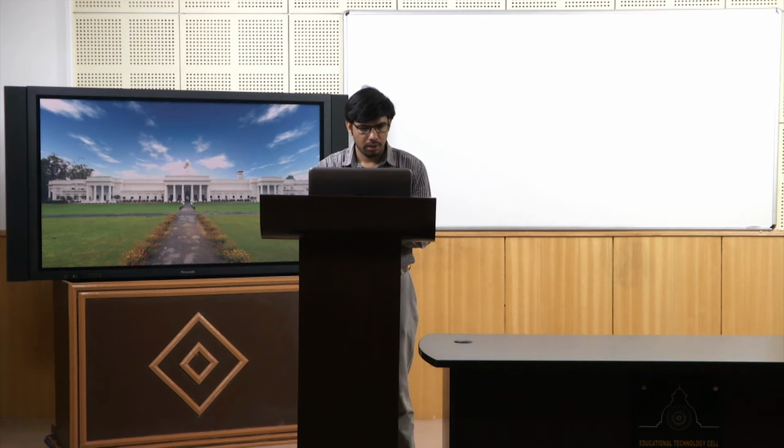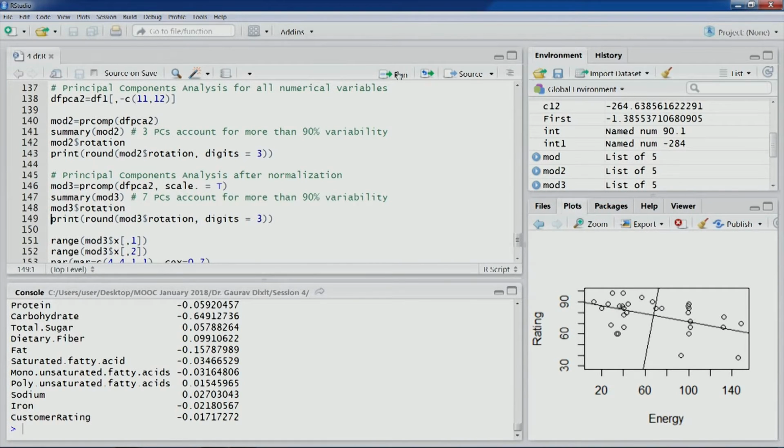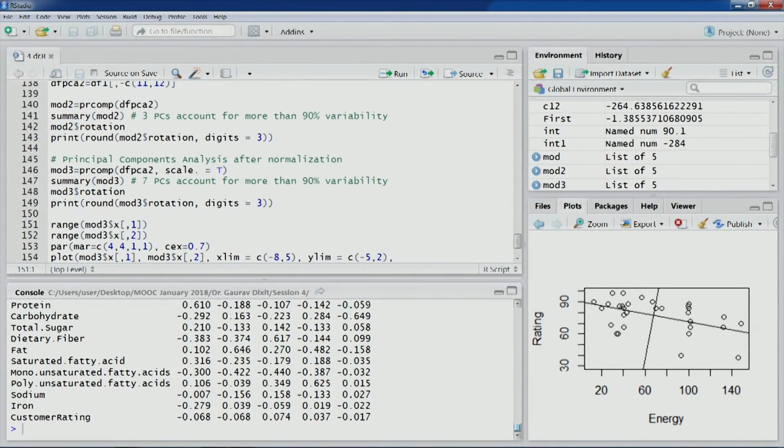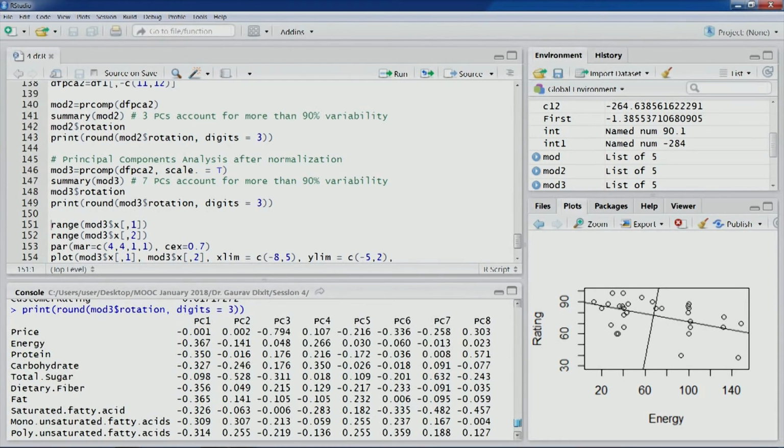Let's look at the weights of the new principal components, in a nicer version with up to 3 decimal points. Let's start with the first principal component.